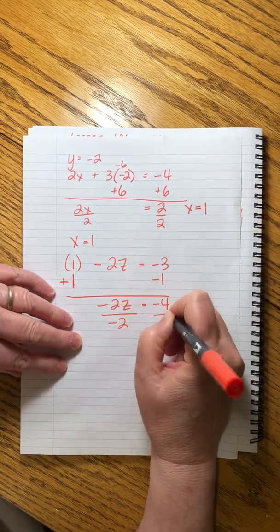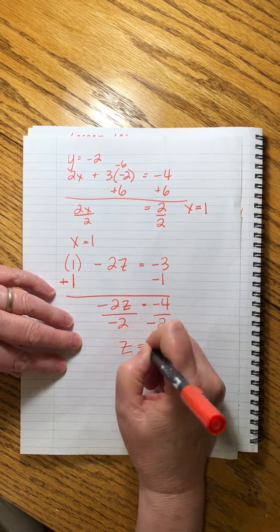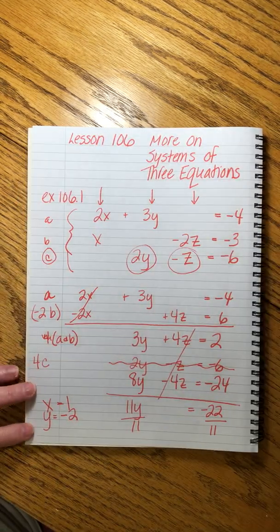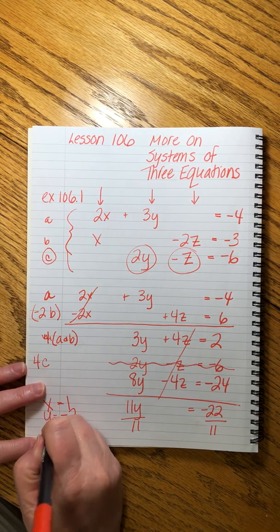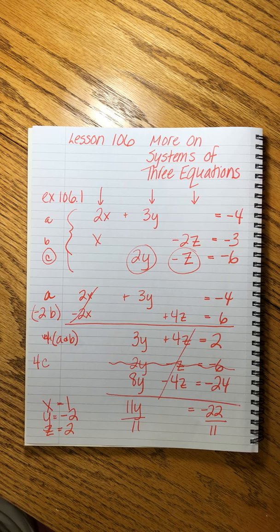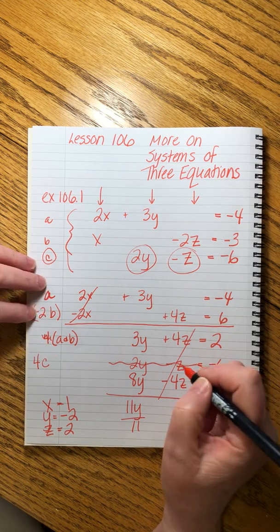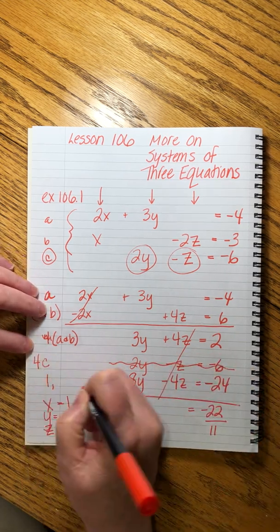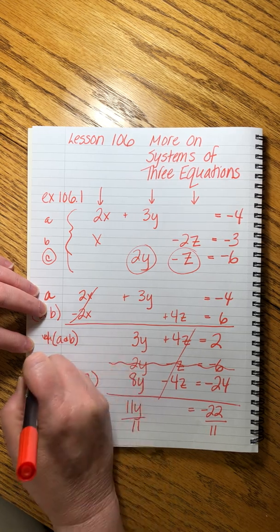Divide by minus 2. And I get z equals positive 2. And so then my final answer, I can write it as an ordered triple: 1, minus 2, positive 2. Put it in parentheses.